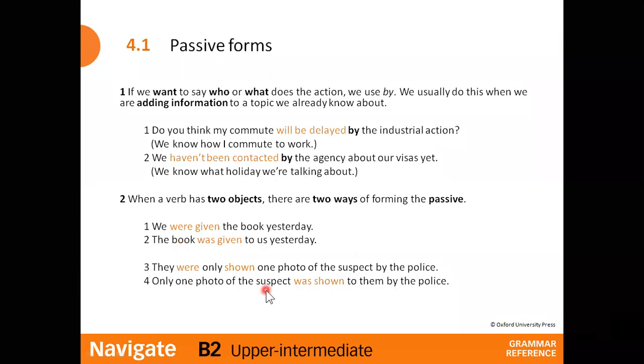You should be careful with "to us": when you start with the object, you use "to" after the main verb, like here "to us," and here "to them." But if you start with the person, you don't use anything. So we were given the book, not "to the book." Okay, I hope it's understandable.